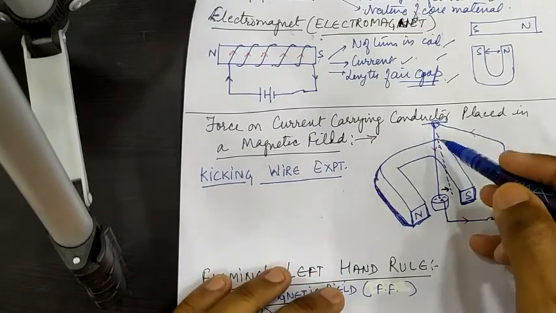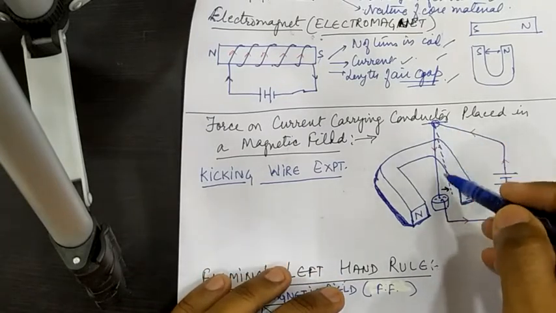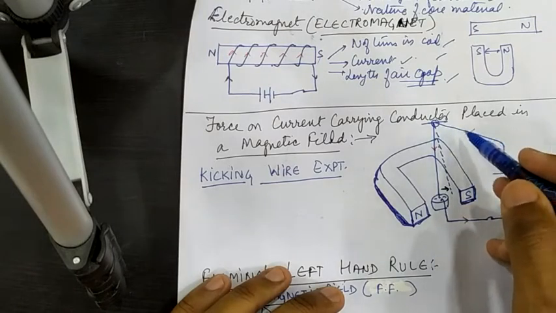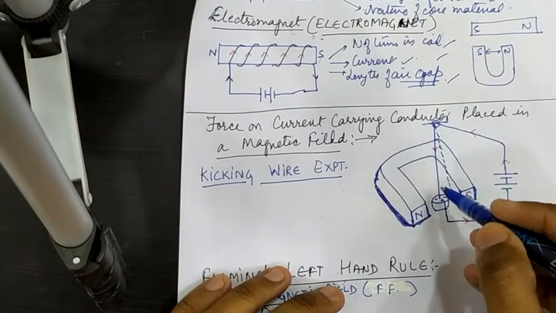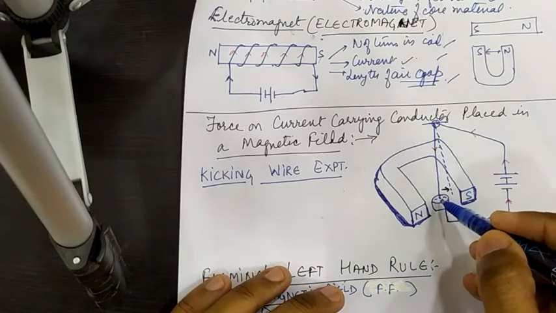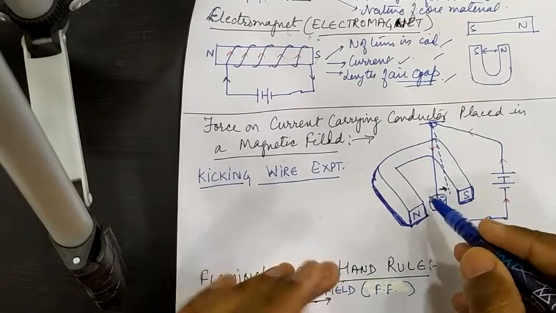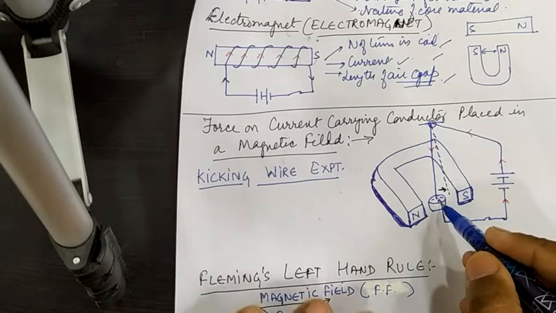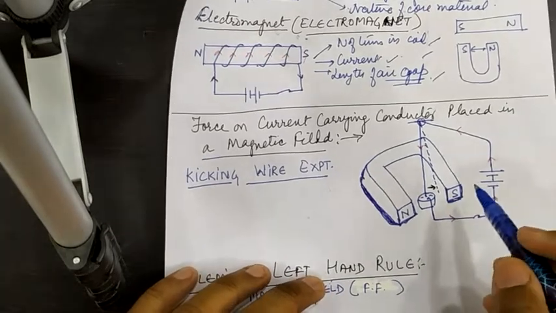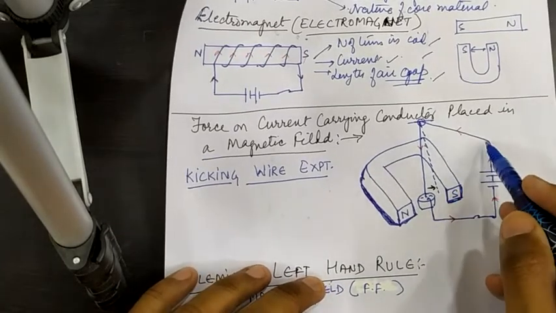As you can see here, a thick copper wire is suspended vertically with a flexible joint, and its one end is dipped into a vessel containing mercury, because mercury is a liquid metal and it conducts electricity.